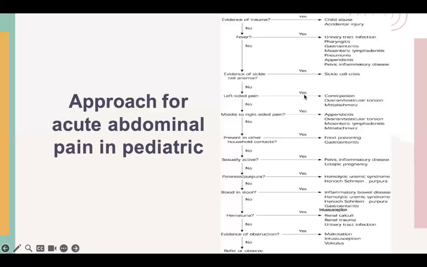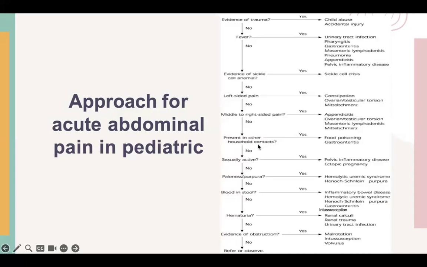For left-sided pain only, look for constipation, ovarian or testicular torsion, or Mittelschmerz syndrome, which can be seen in adolescents at the beginning of menarche. For middle to right-sided pain, look for appendicitis, ovarian or testicular torsion, and mesenteric lymphadenitis. This can be seen on both sides of the flank.